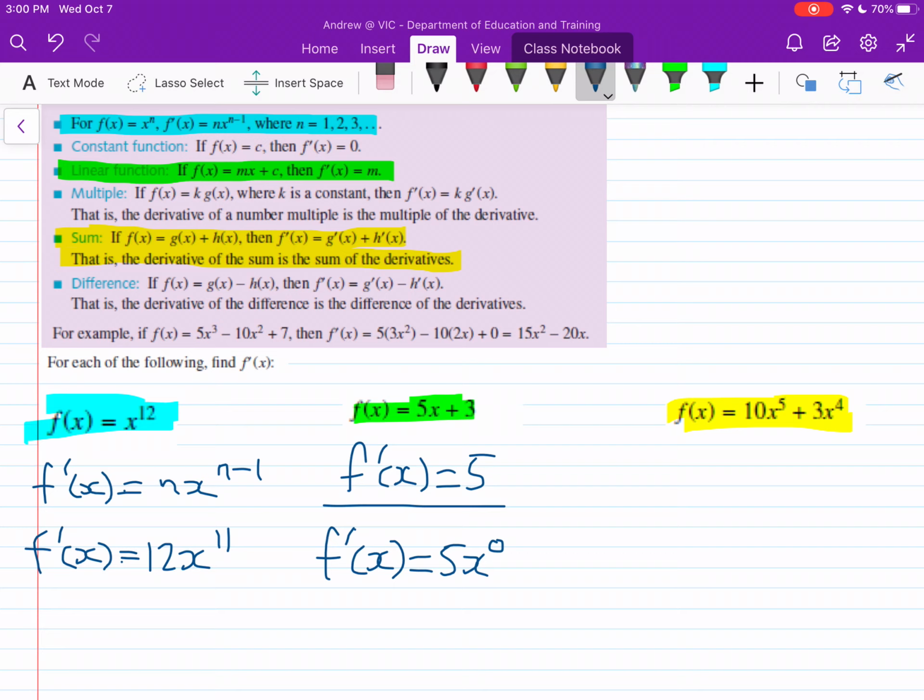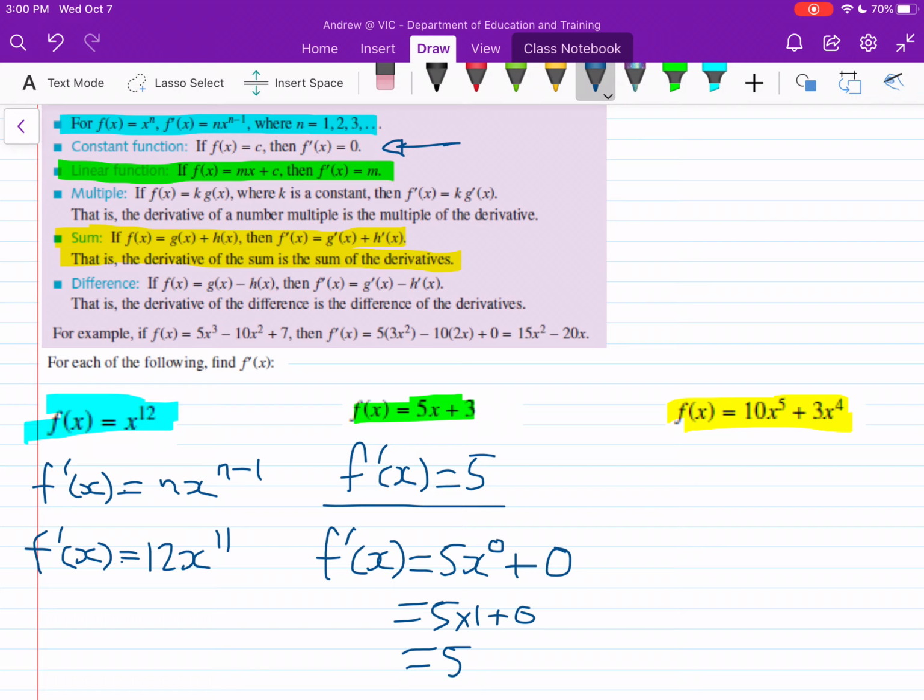And then we use the constant function up here for the second one: if it's equal to c, then it's equal to 0. So this becomes 5x to the power of 0 plus 0, and x to the power of 0 is 1, so it becomes 5 times 1 plus 0, which is equal to 5. So that's why that rule actually works there for the linear function.